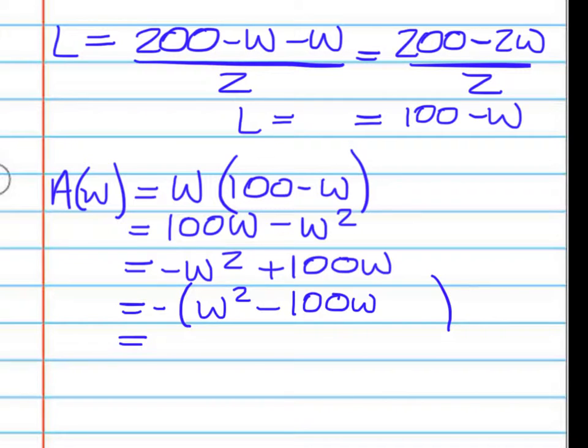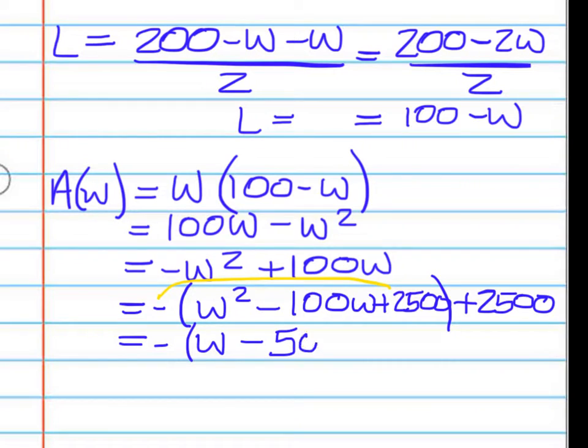Half of 100 is 50, square 50 to get 2500. And if I add 2500 in there, remember I've really done net minus 2500, so I would have to do 2500 out here. So negative quantity of W minus 50, close the quantity and squared, and then plus 2500.